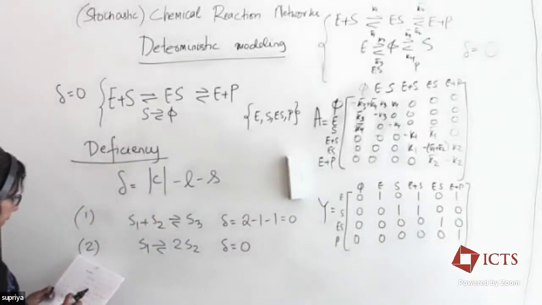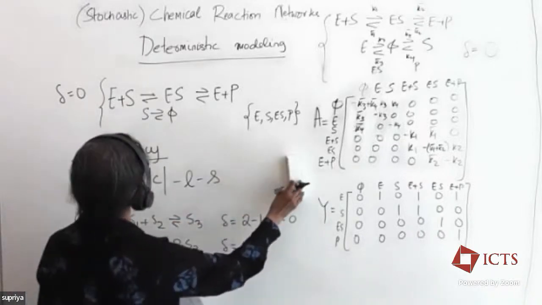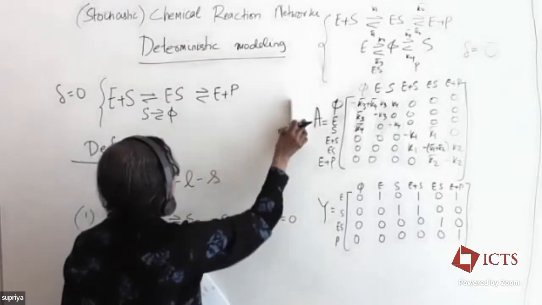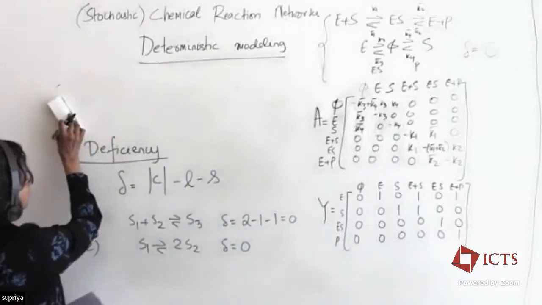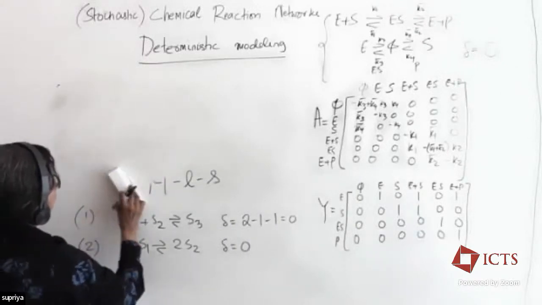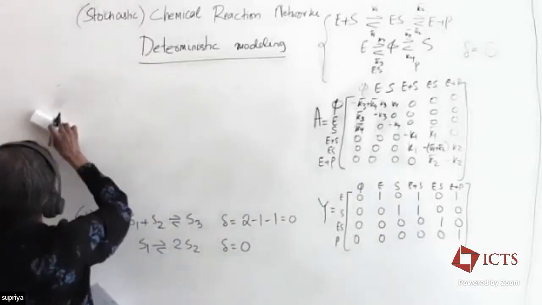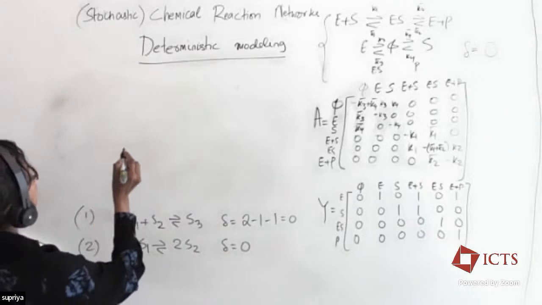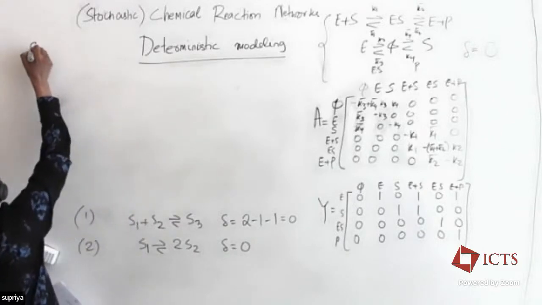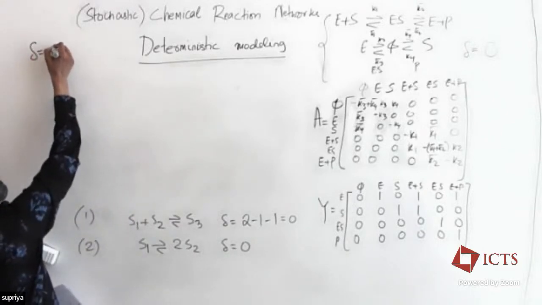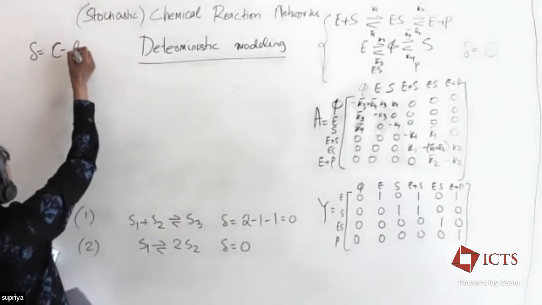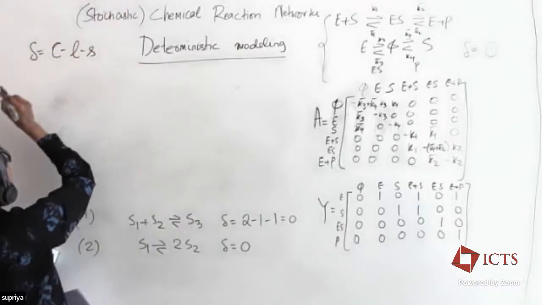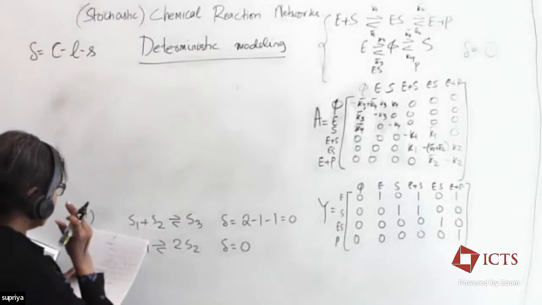Let's take another example. So you have to be a bit careful when you calculate this. Maybe I will write this here. Delta equal to, okay, so now I'll start becoming a bit careless, and this will be the number of complexes, number of linkage classes, and our stoichiometric subspace.